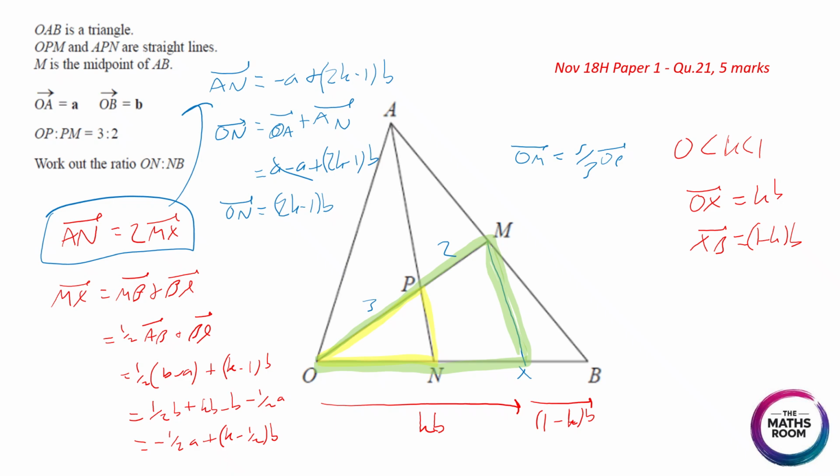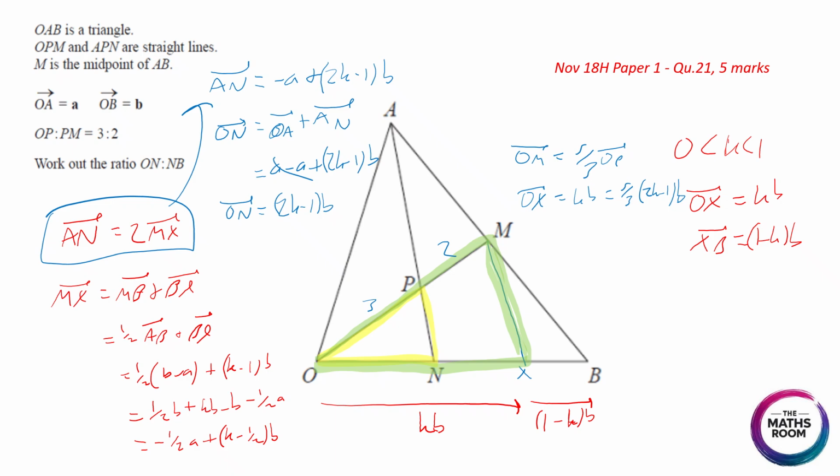That tells me that my vector O to X, which we've called KB, has to be 5/3 of the vector O to M, which I've just found. So it has to be 5/3 of my 2k minus 1 b. So that's the way it works. This will allow me to find k, essentially.